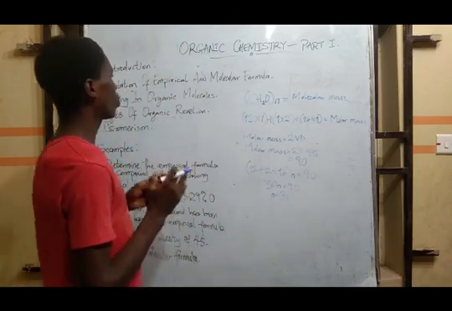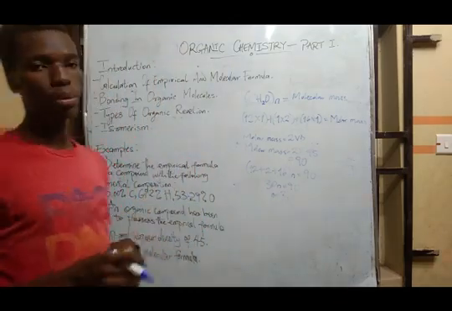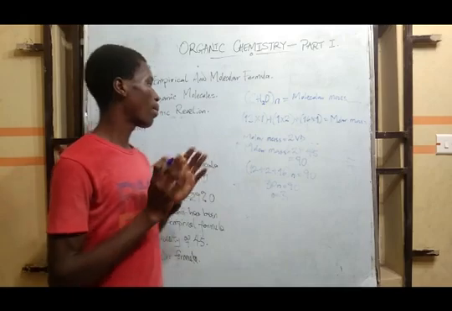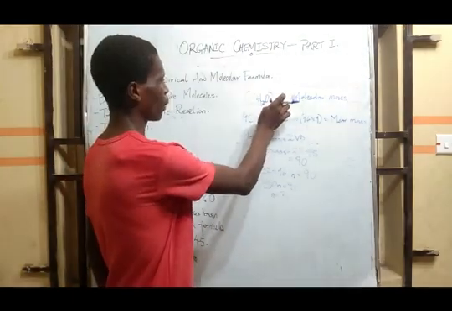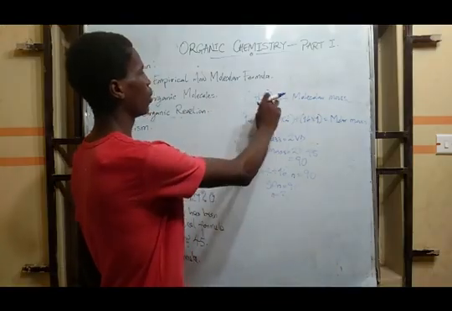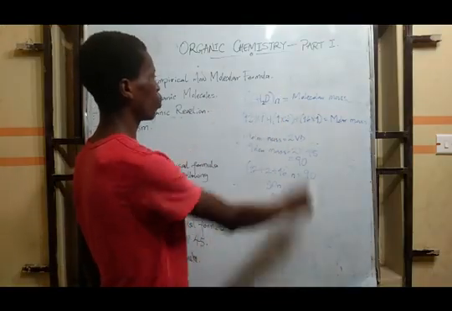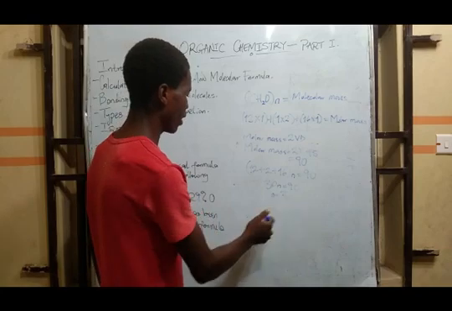Now, molecular formula is actually a multiple of empirical formula, whereby having our n to be 3, we multiply our empirical formula by n.